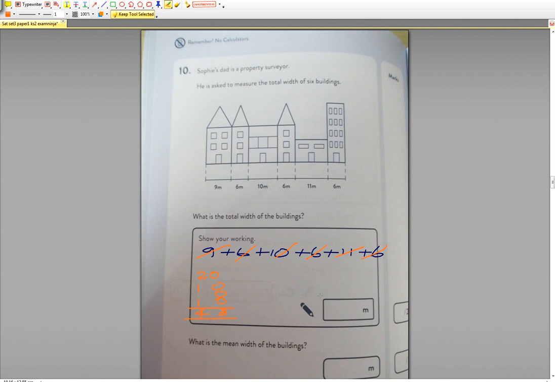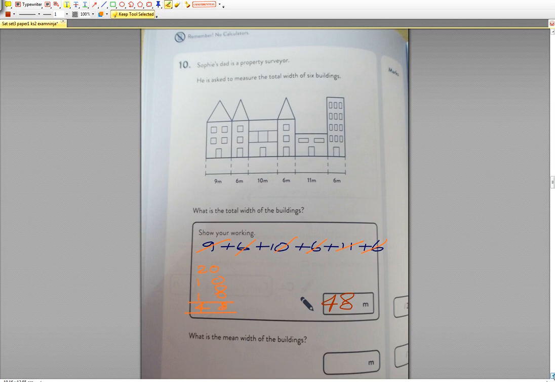So what's the total length of the building? 48. So we're happy with 48 meters, yes? 48 meters.